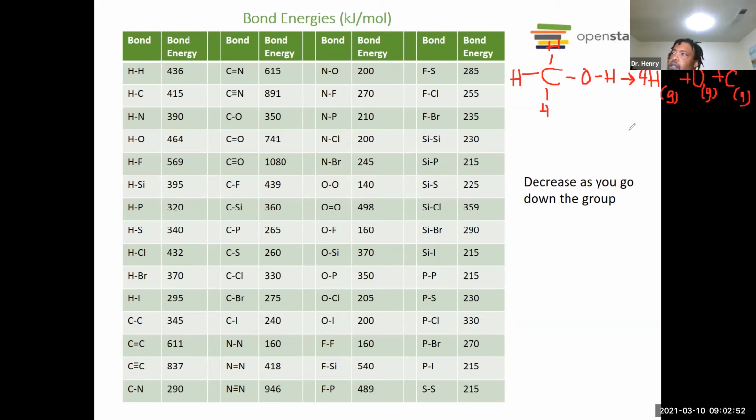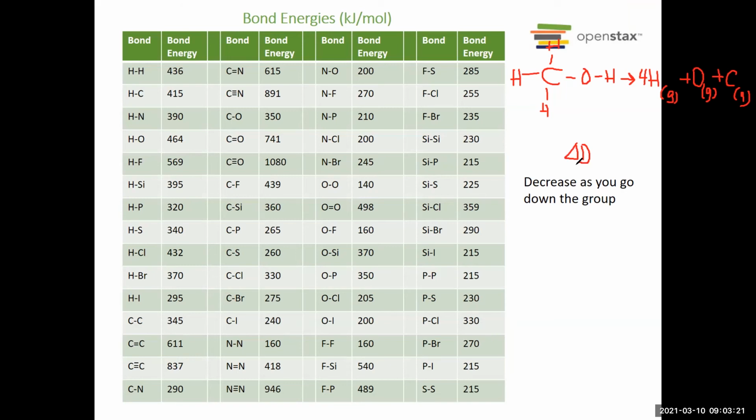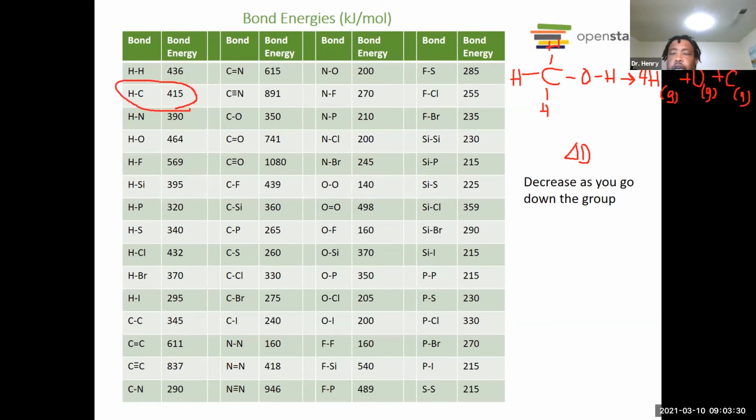Okay, so how would I calculate the energy that's responsible for the dissociation of that? I think you would find the bond energy between hydrogen and carbon first, right? Okay, so let's go hydrogen and carbon. Okay, so we have how many bonds that are between hydrogen and carbon?